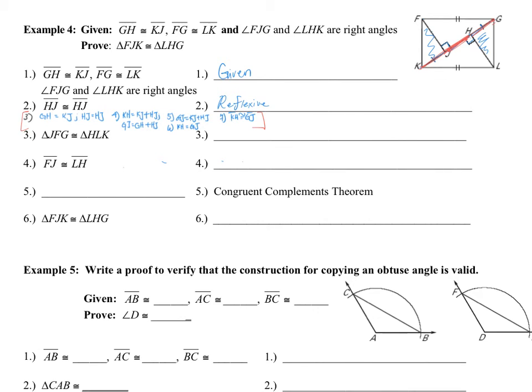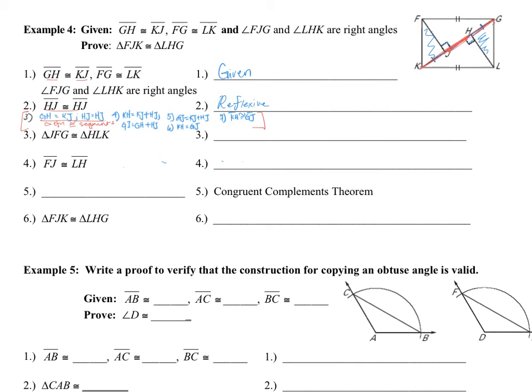So if I don't limit you and I really want a detailed proof, I do expect you to show all these steps. So for step 3, I stated that GH is equal to KJ and HJ is equal to HJ, and this would be by the definition of congruent segments.